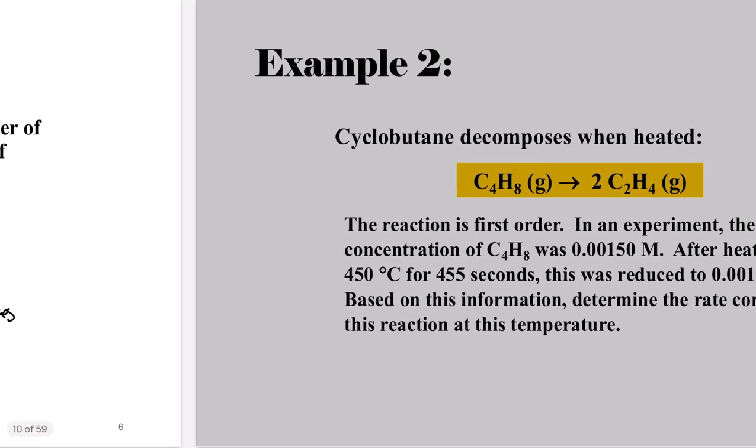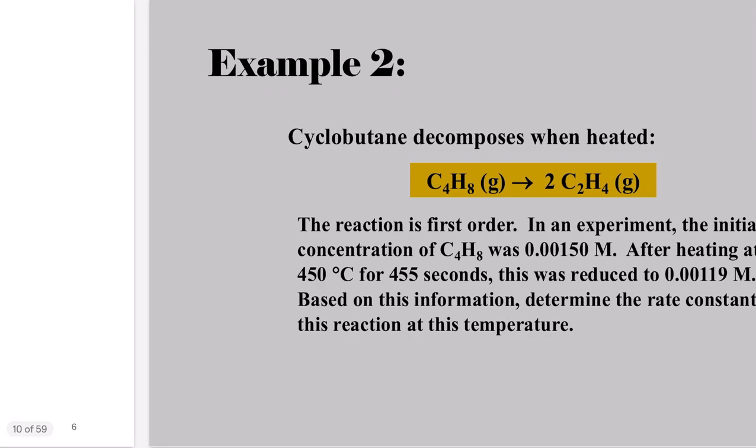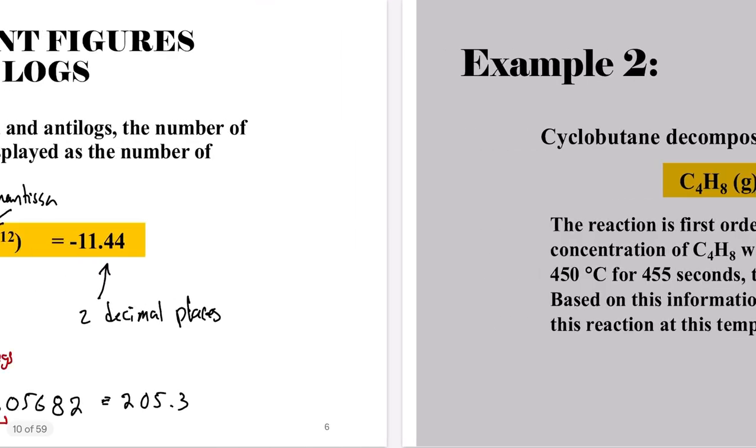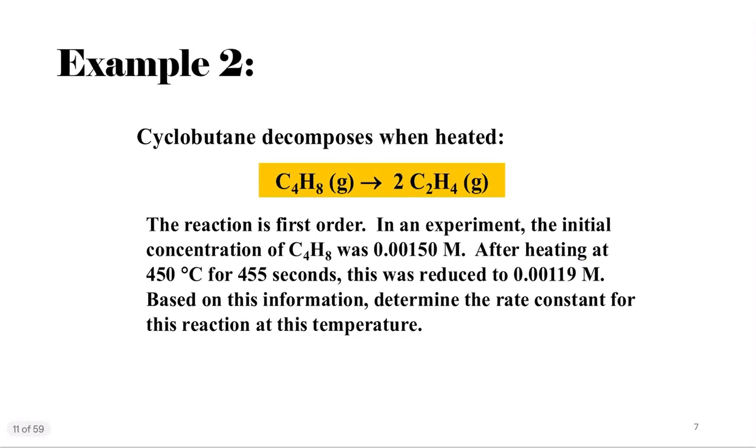Okay. All right, so here we have an example. We have cyclobutane, which is a cyclic organic molecule. You guys will have plenty of practice with that next semester in your organic chem. So this reaction is going to be first order, right? So that's telling us something relevant. In an experiment, the initial concentration was found to be 0.0015.